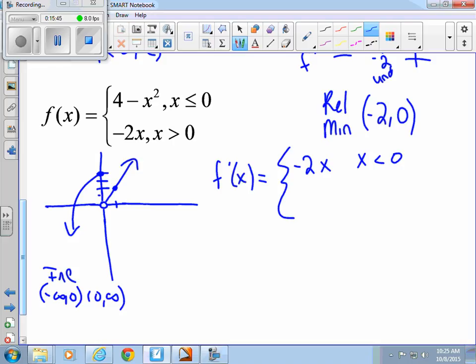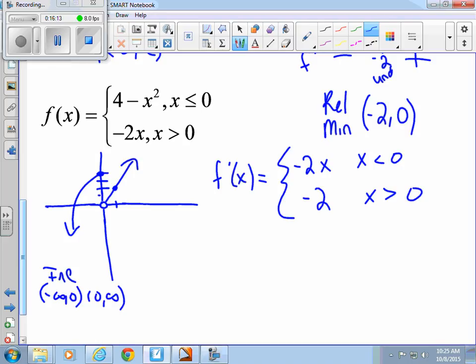What's the derivative at that breakpoint? Isn't it undefined? So I'm not going to define it here. And negative 2 when x is greater than 0. So every time you do the derivative of it, you just take away 2.